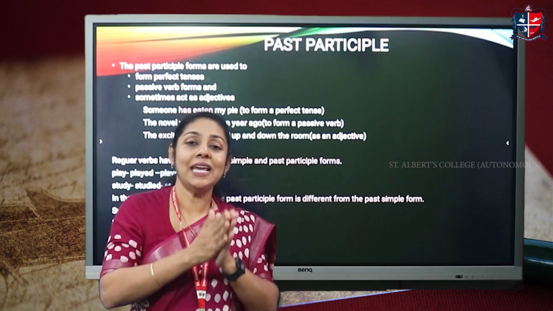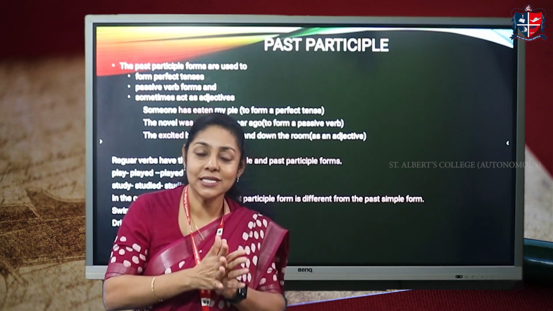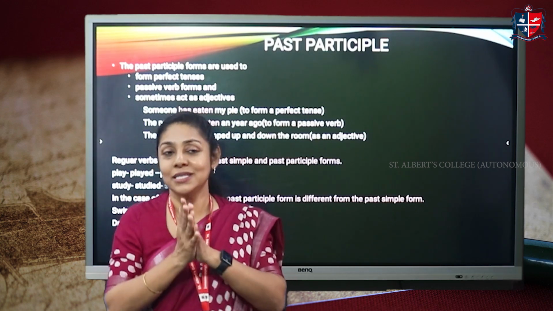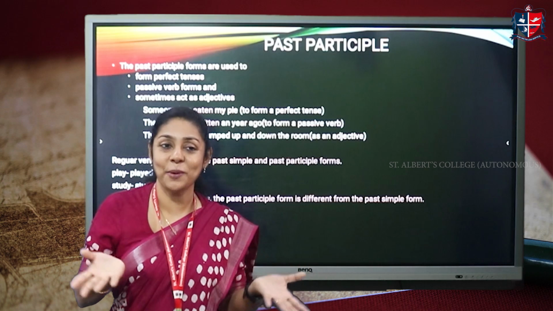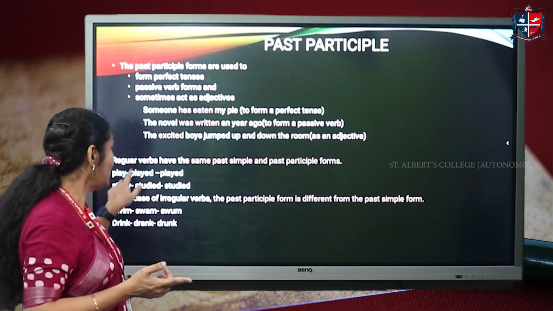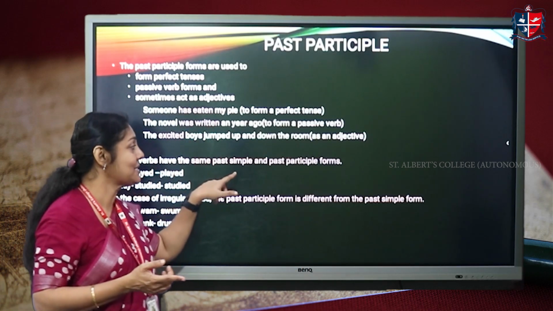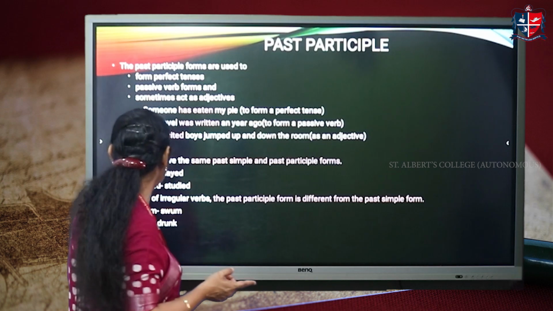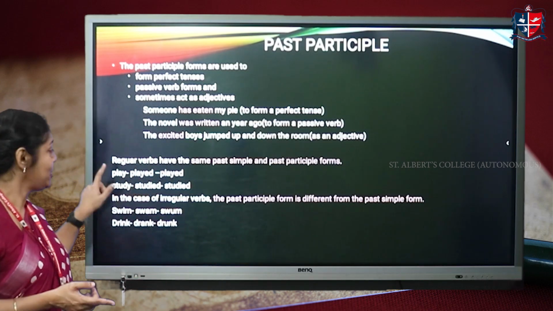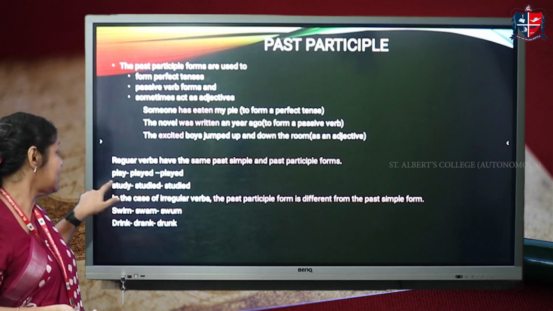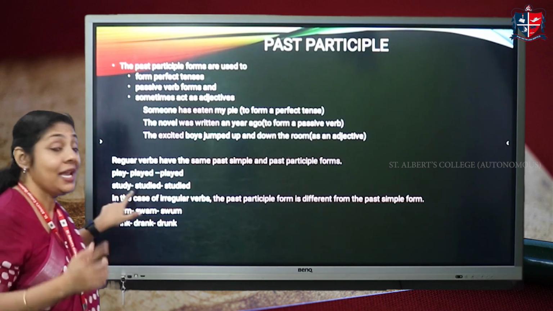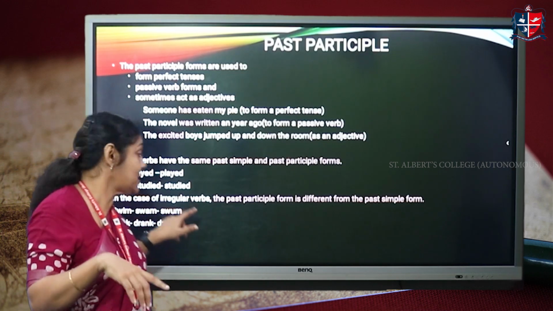Regular verbs take ed to form their past tense and also their participle forms. Whereas irregular verbs take a different form altogether, right? So regular verbs have the same past simple and past participle form. Play, played, played. So he plays, he played, he has played. Study, he studies, he studied, he has studied, right?